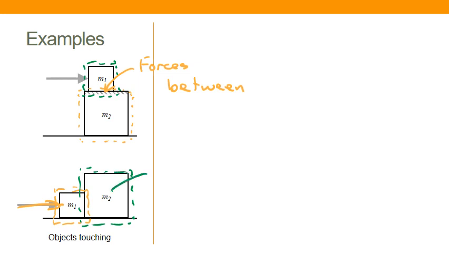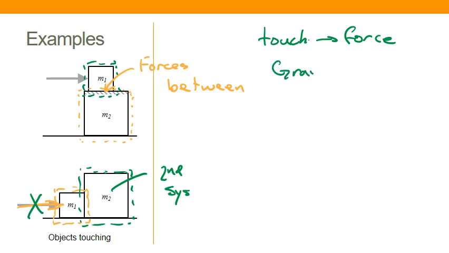For example, this force that's pushing is not being exerted on this second system, which is just the big box. So it's very critical that we define our system and ask what's touching it, because remember, only things that touch can exert forces unless they are gravity. Gravity is our one long-range force.